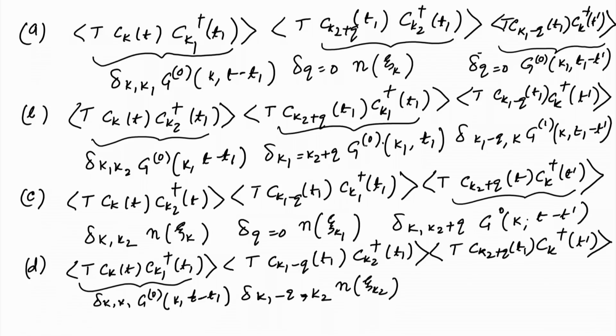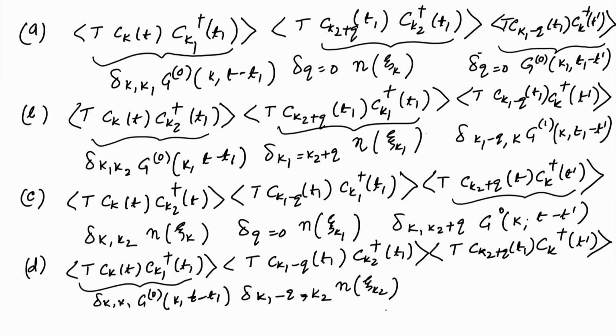Similarly, this will also be k 2. So, this will also be, let me correct it here, this was written mistakenly. So, this will be like n and xi k 1.